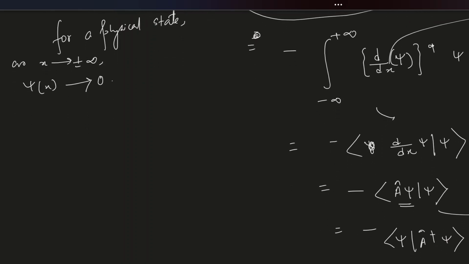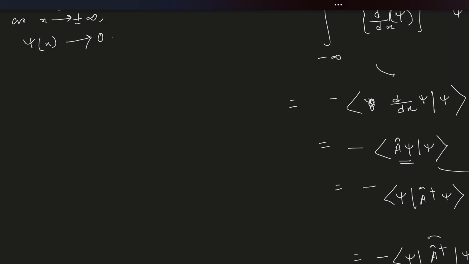So you get minus psi A cap dagger psi, which, if you describe this A cap dagger as a new operator sandwiched between the two wave functions psi, is basically the expectation value of the A cap dagger operator, and there is an extra negative sign outside.